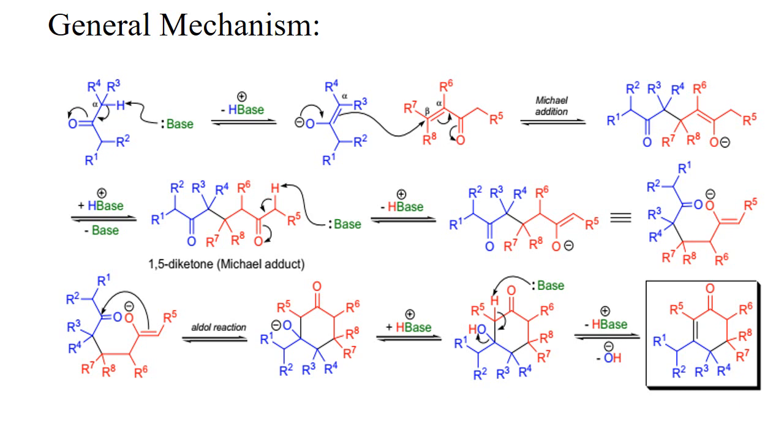So we can say the product of Robinson annulation reaction must contain cyclohexanone ring system. If both of the reactants are acyclic, then product contains just one cyclohexanone ring system.